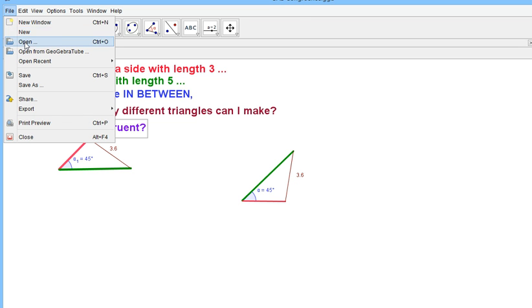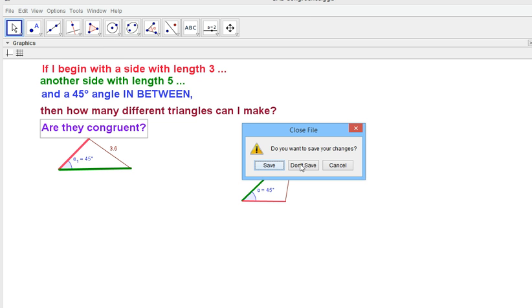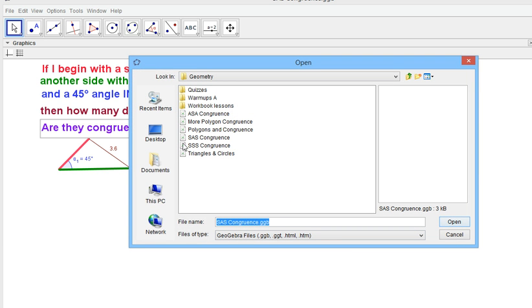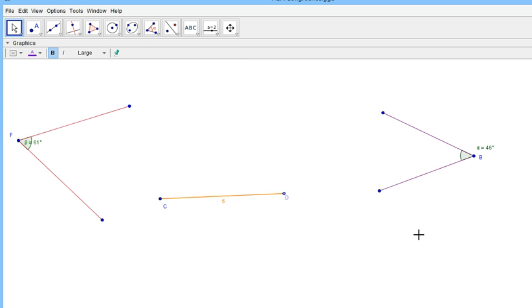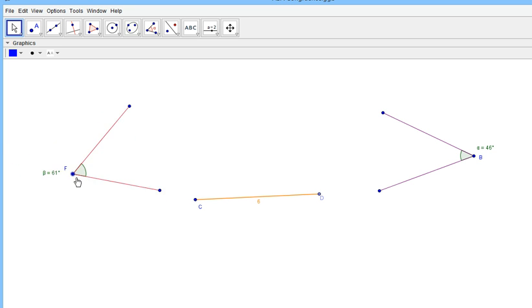So we're going to try a new one here, and we're going to try angle side angle congruence finally. Okay, and now I've got one side CD that's length 6, and I've got an angle that's 61 degrees over here. So I'm going to put that angle here.